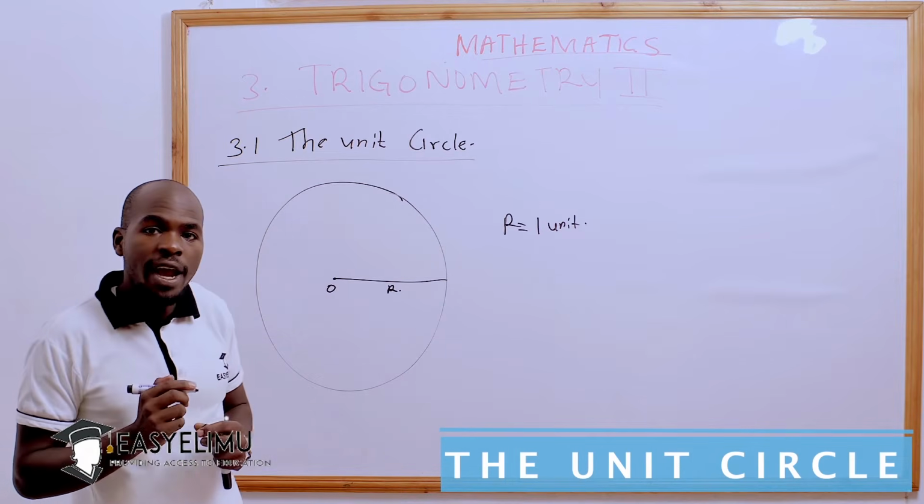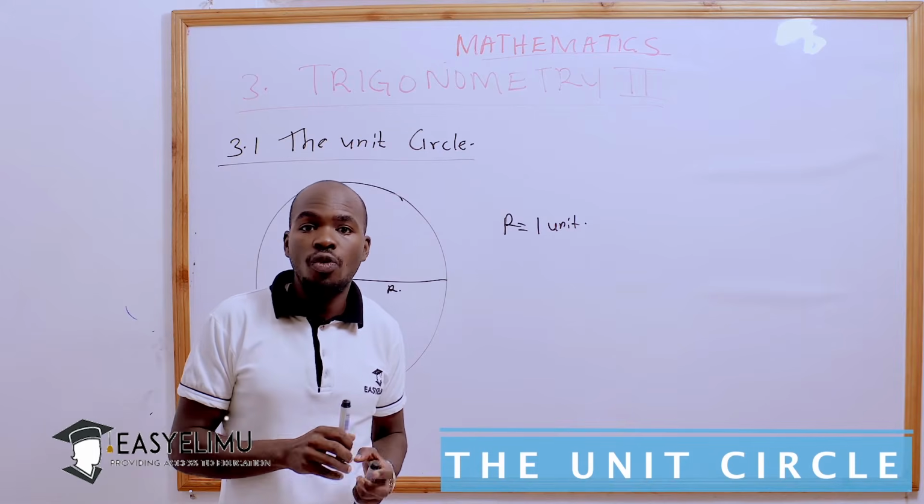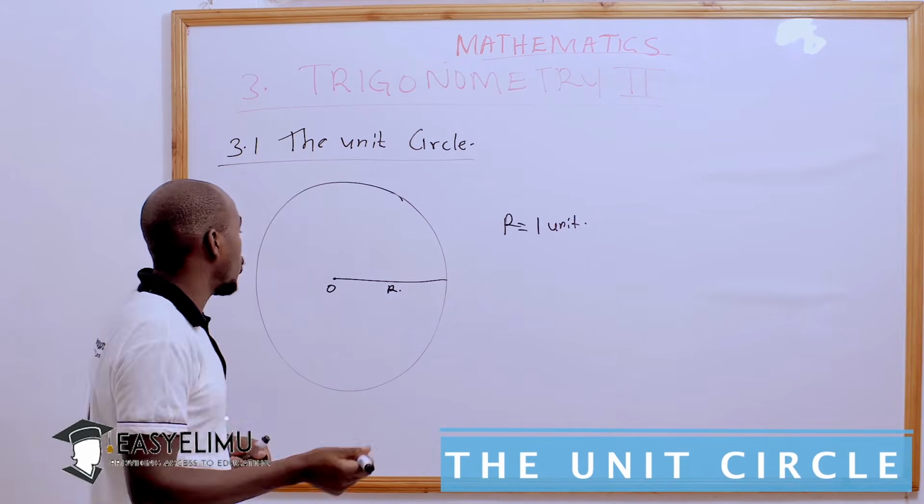Then we are going to divide this unit circle into 4 quadrants, or 4 equal portions.